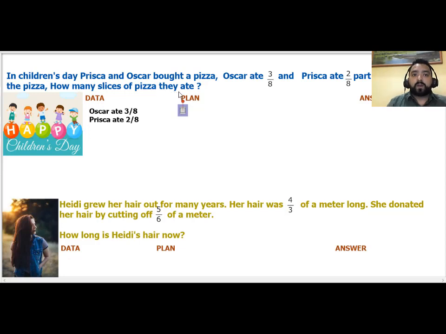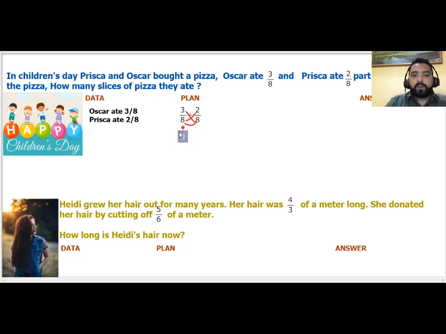So in this case, we are going to use addition. It's going to be 3/8, that was Oscar, plus Priska, that was 2/8. Then we are going to use cross multiplication and smile to solve this one. 8 times 3, 8 times 2, and 8 times 8.